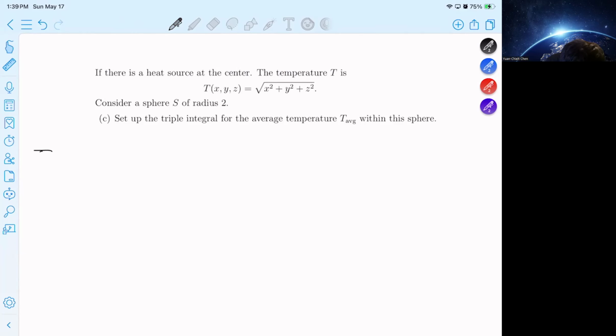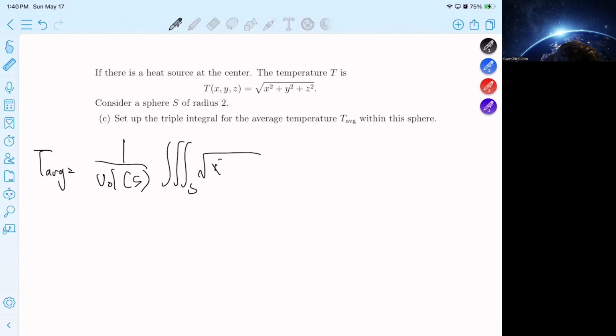So T average will be 1 over the volume of S, where S is the sphere of radius 2, times the triple integral over S of x squared plus y squared plus z squared dV. That's it.